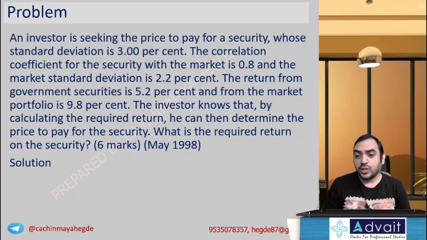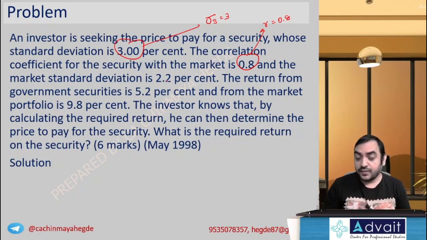Okay, so what all have they given? Security whose standard deviation is 3%, so standard deviation of security is 3%. The correlation coefficient for the security with the market, not with other security, is 0.8. So correlation coefficient means R, 0.8.